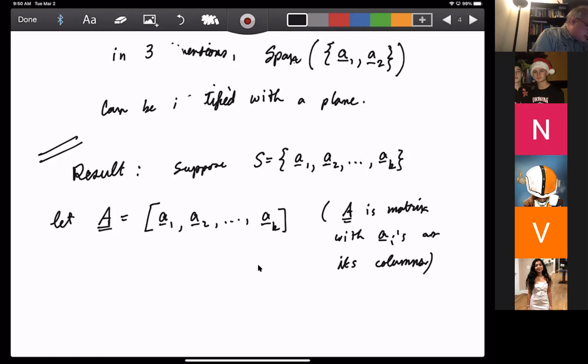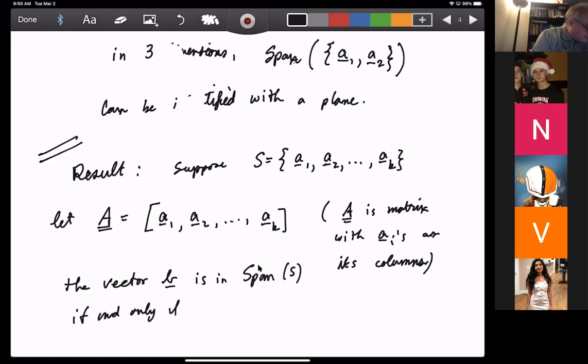And the vector B is in the span of that set if and only if our linear system AX equals B is consistent.